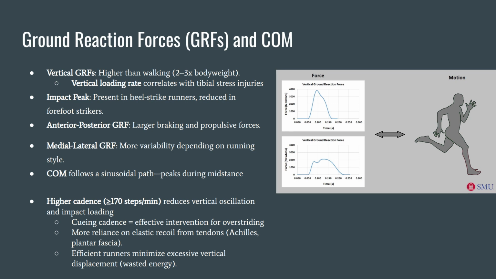Heel strike runners often demonstrate a distinct impact peak, while forefoot strikers tend to attenuate that peak. A higher cadence reduces vertical oscillation and impact loading by shortening stride length and decreasing braking forces.